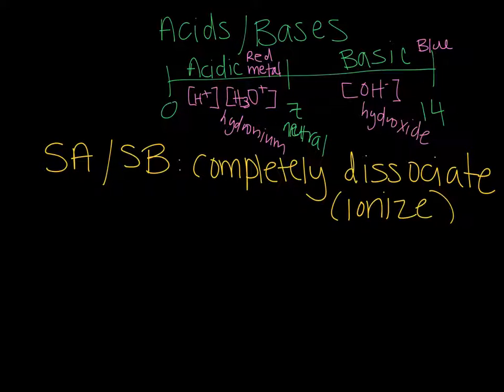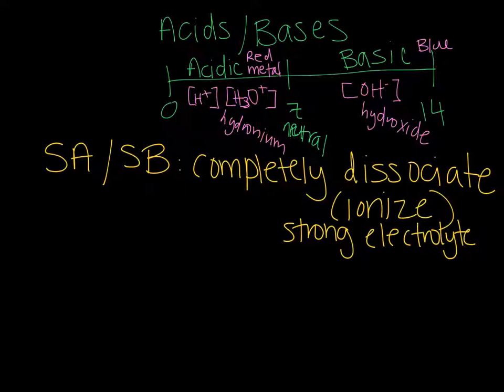So they completely dissociate if you're a strong acid or base. This makes them a strong electrolyte. What does an electrolyte do? Does it conduct electricity or does it not? That sounded like a guess. Yes. Strong electrolytes are going to conduct electricity, guys.